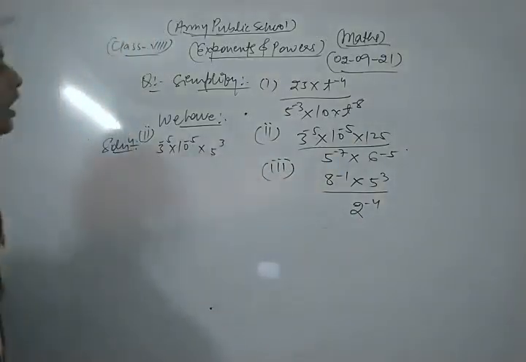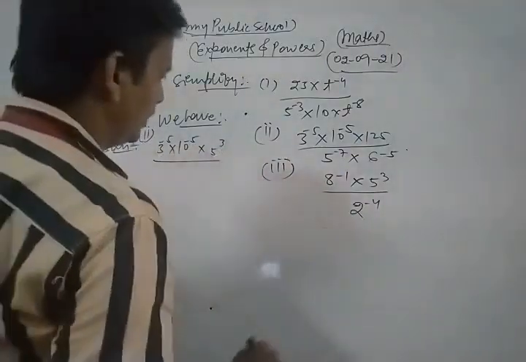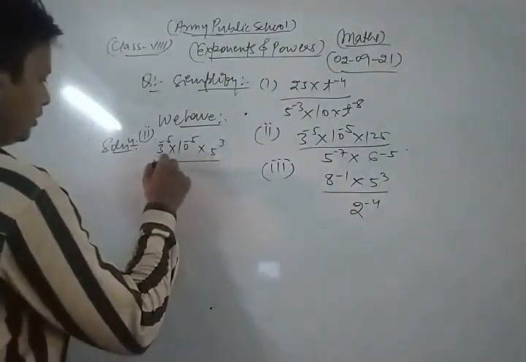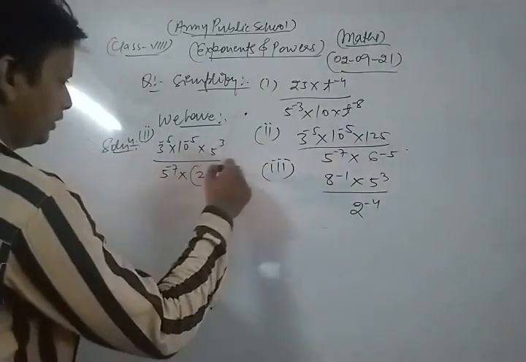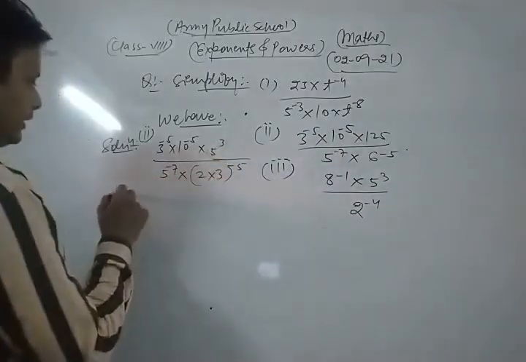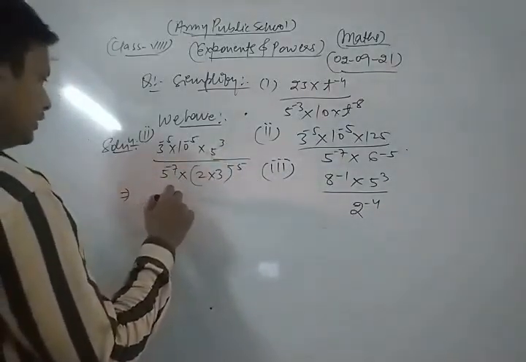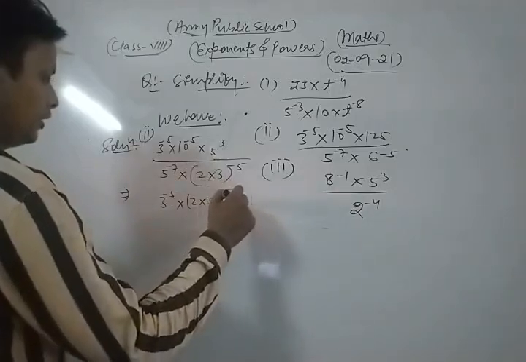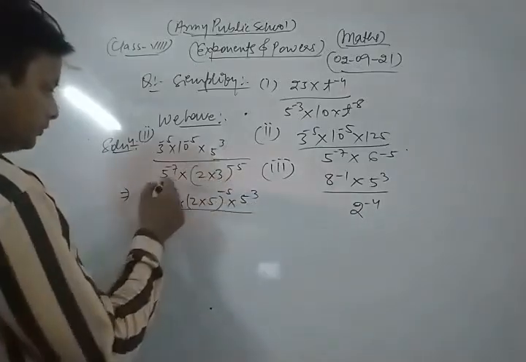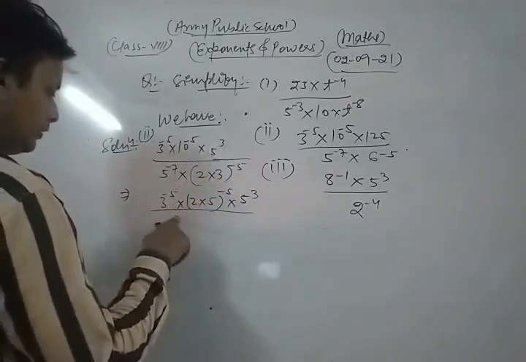And in the denominator we can write 5 power minus 7 into 6, we write 2 into 3 to whole power minus 5. Now we expand 6 to the power minus 5. We can write 10 as 2 into 5 to whole power minus 5, into 5 power 3 upon 5 power minus 7.